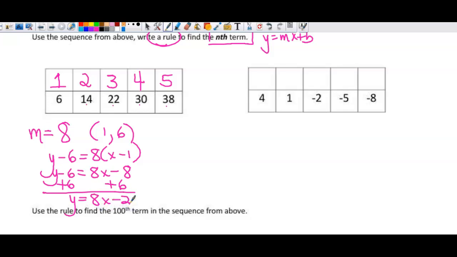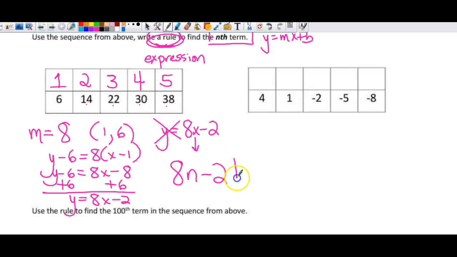However, they do not want this in slope-intercept form. They want a rule, and the rule is actually an expression. So to get your expression, we got this equation, y equals 8x minus 2. We're going to get rid of the y equals, and we're going to change x to n.